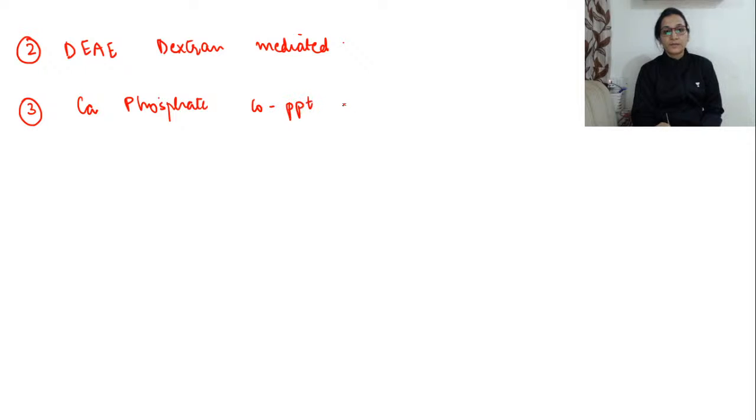Then it is the calcium phosphate co-precipitation method. In this the DNA is allowed to mix with calcium chloride solution and isotonic phosphate buffer to form a DNA calcium phosphate precipitate. When the actively dividing cells in the culture are exposed to the precipitate for several hours, the cells get transformed.